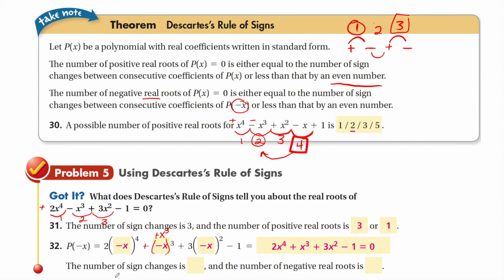Therefore, the number of sign changes for this problem is actually only going to happen once, because we're starting positive, keeping positive, then we finally change to that negative, meaning that there is going to be one possible real negative solution to this problem, and the number of negative roots has to be possibly 1.